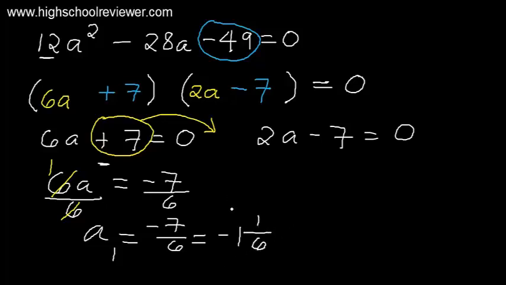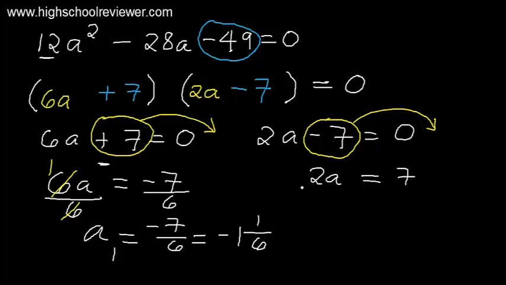Okay, so let us now solve for a sub 2. So to solve for a sub 2, first we need to transpose negative 7 to the other side. So if we transpose, what will be left on the left side will be positive 2a. If we transpose this, this will become positive 7.